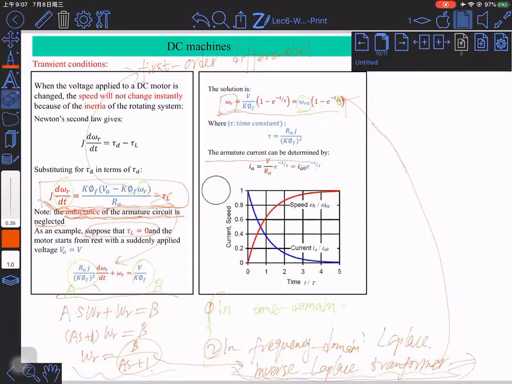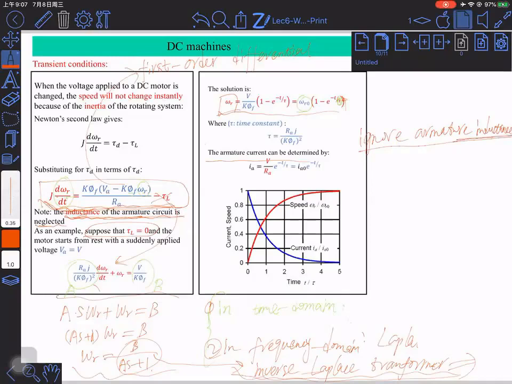Well, if we still ignore the armature inductance, obviously, if you want to find the armature current, you can't use the first order differential equation of the armature inductance when you ignore it.